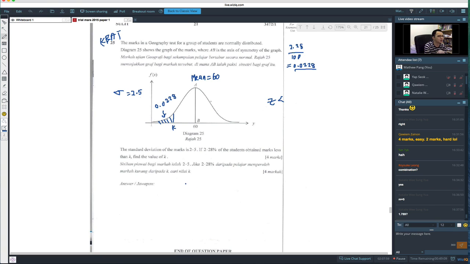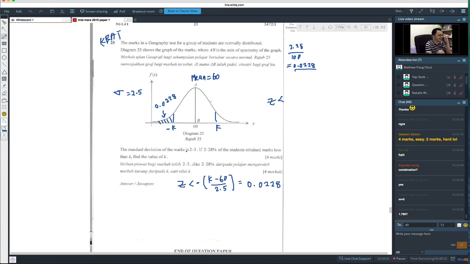So from here, obviously this is not yet the Z value. What I want to do is, I know Z will be less than, because K is over here. I will call it K minus mean over standard deviation. I will get 0.0228. However, because over here the K should have the negative value, because over here is negative, here is positive, therefore I will add a negative for it.